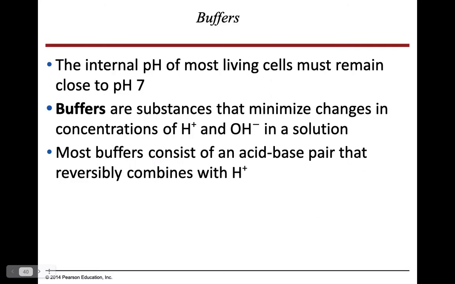Now, we have buffers within organisms that cause pHs to remain around a pH of 7, and buffers are used as ways to moderate slight changes in either acids or bases because organisms have a vested interest in making sure that their pH environment stays pretty stable.